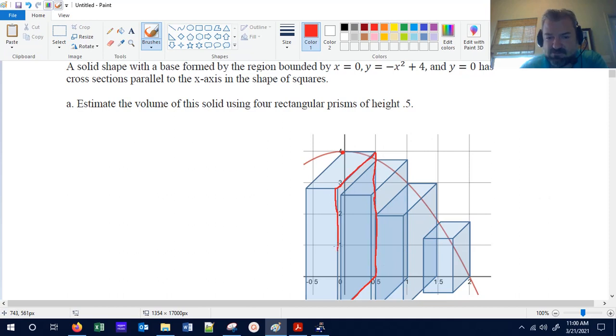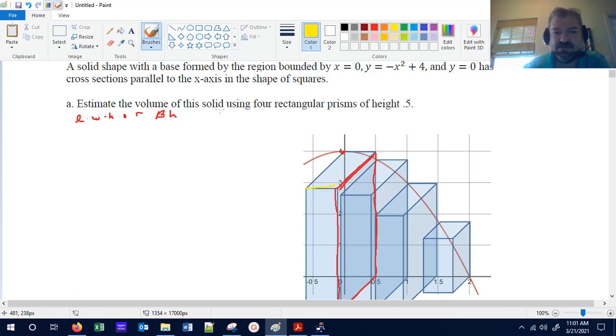And we know that the volume of a prism is length times width times height, or another way to say that is the area of the base times the height. Well, this is the big capital B base, and this is the height.